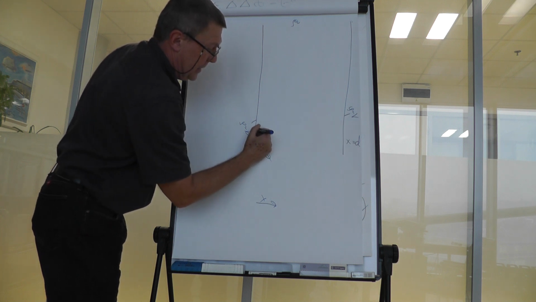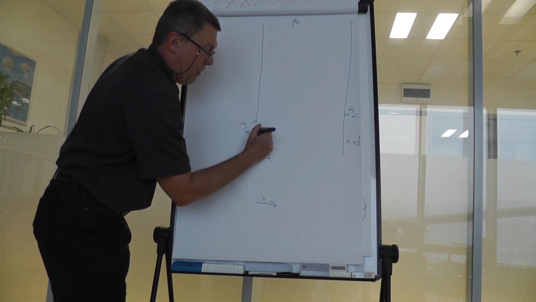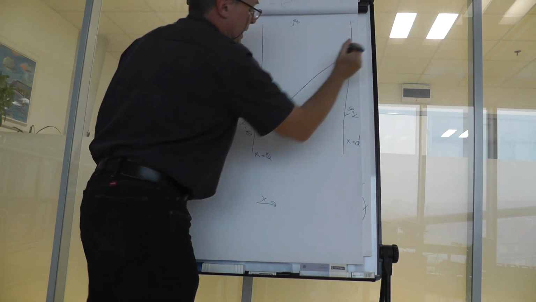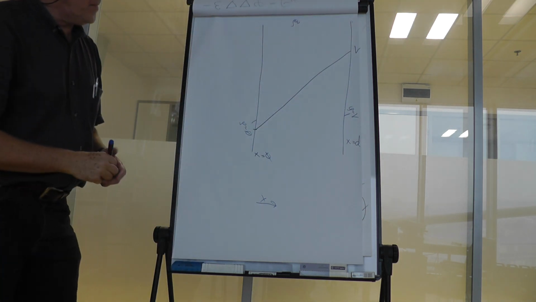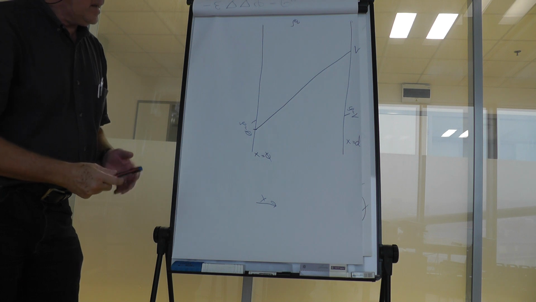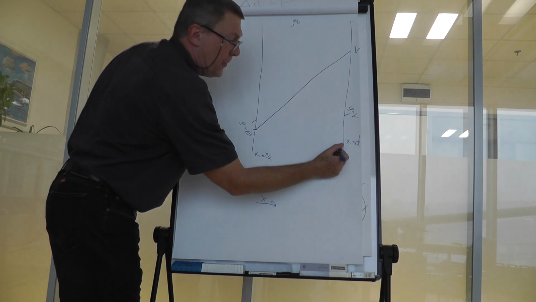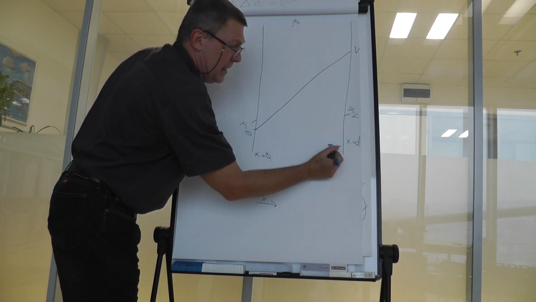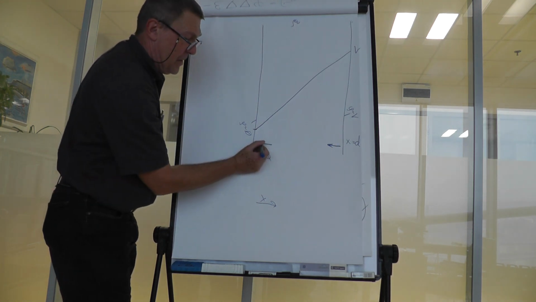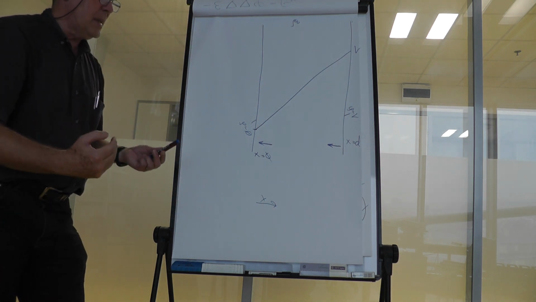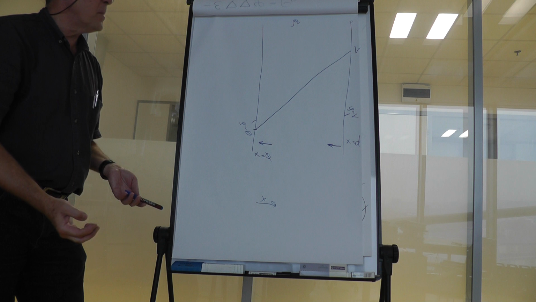We had the potential ranging from 0 up to V as a linear function. And at that moment we also note that the electric field flux density has the same direction and is homogeneous. At any point it has the same value.